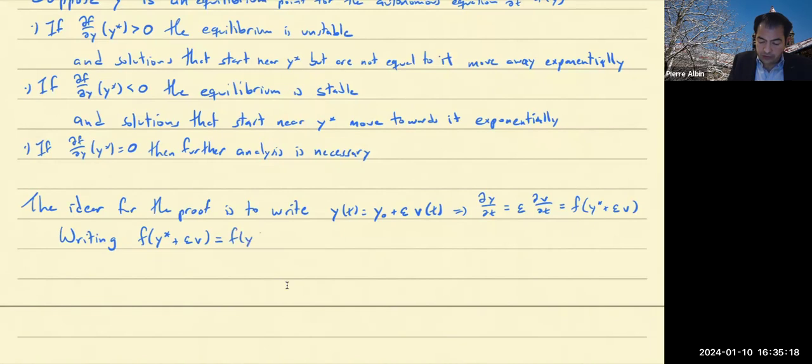So it's f of y star plus epsilon times the derivative of f with respect to y at y star times v plus big O of epsilon squared, right? So big O, in case you haven't seen this notation, this just means this is a term that for epsilon small is bounded above by epsilon squared. So it's something that's going to 0 as quickly as epsilon squared when epsilon is going to 0.